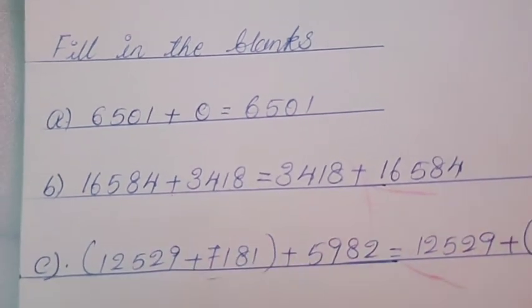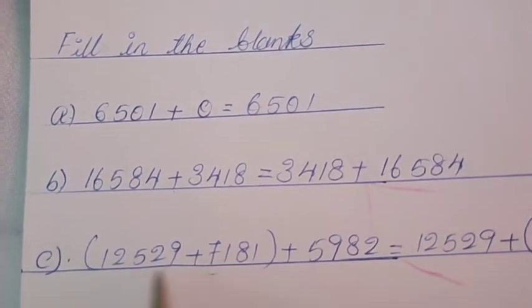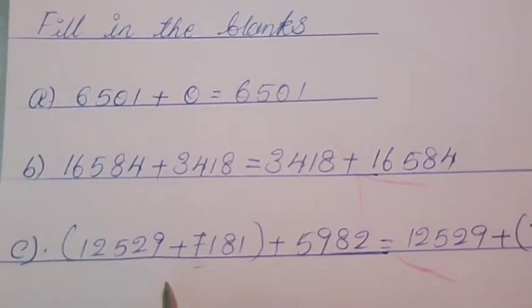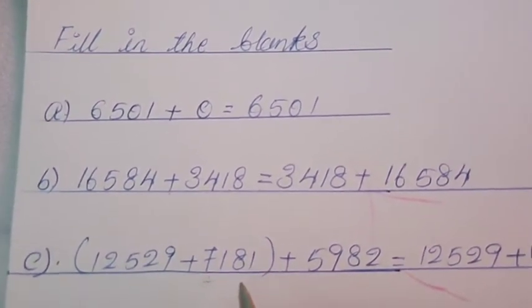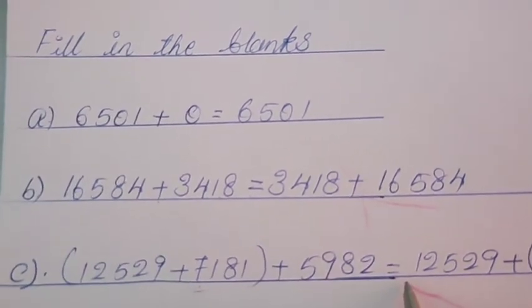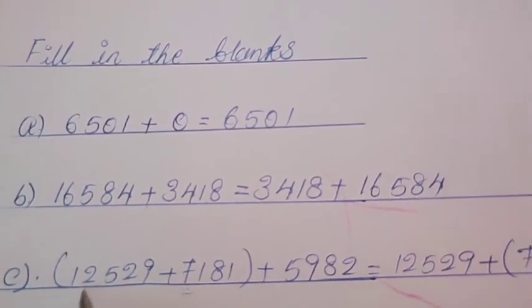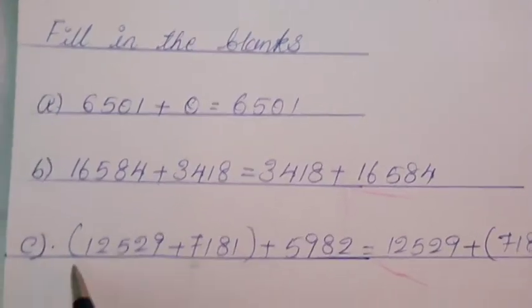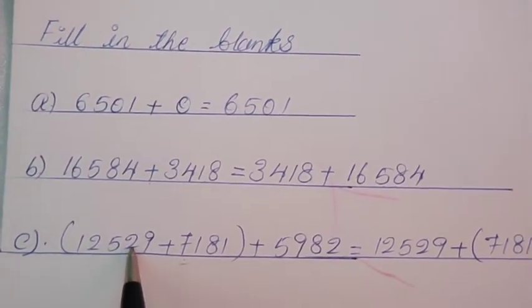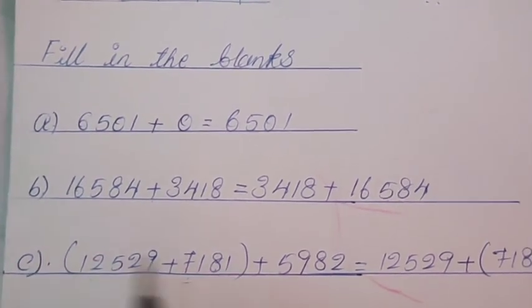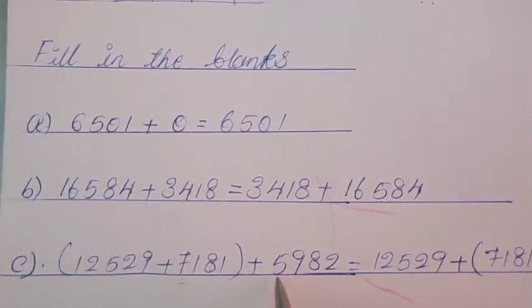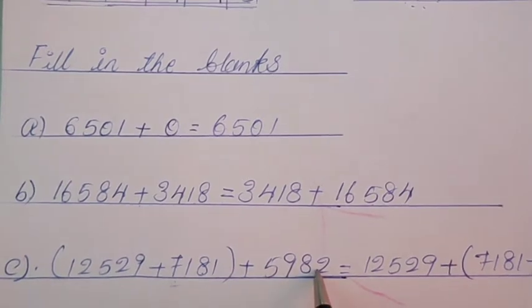Okay. Next one. Property number 2. There is no change in the sum if the grouping is changed. Here the grouping changed. The first 12,529 plus 7,181 is regrouped and 5,982 kept out.